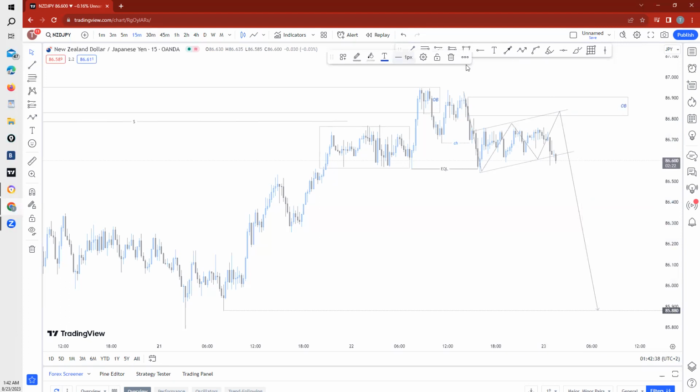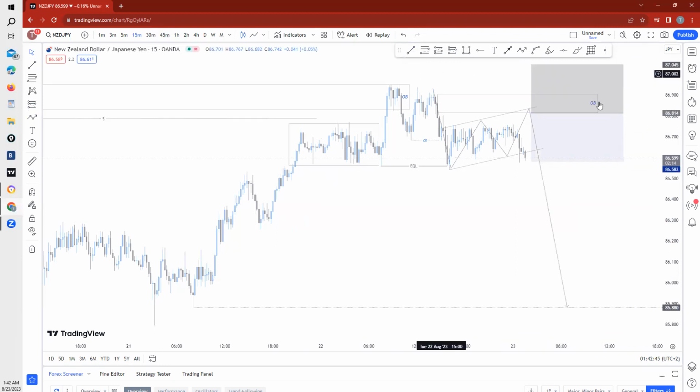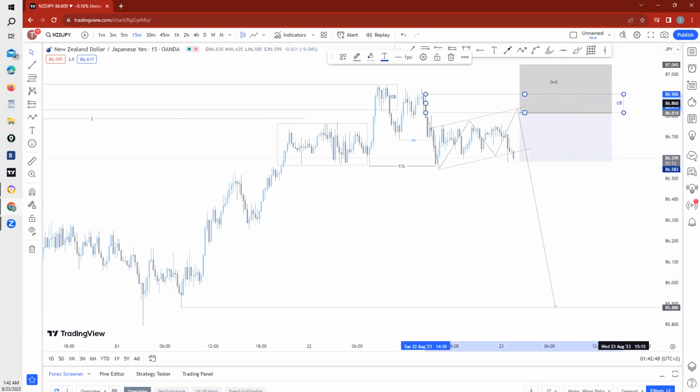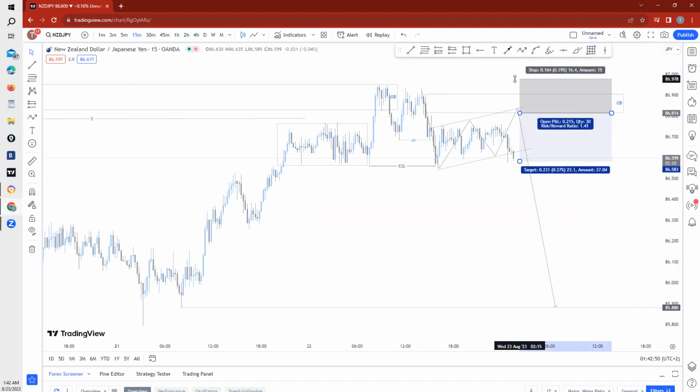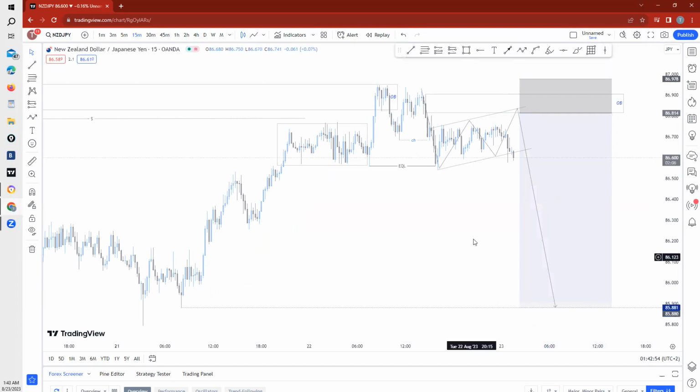At the current moment, it is the Asian session. Maybe price mitigates this level during the London session, takes the stop loss above the highs, and then continues pushing price further to the downside. So this is what I'm expecting.